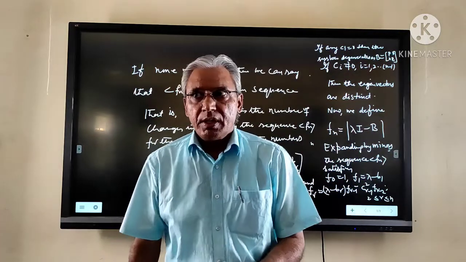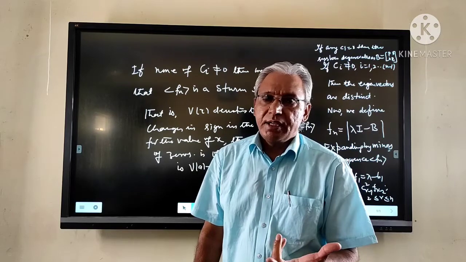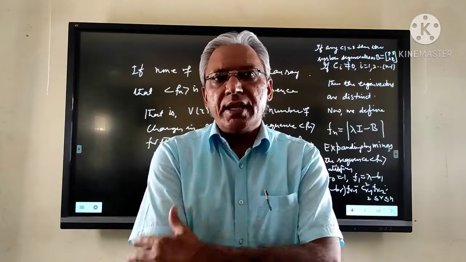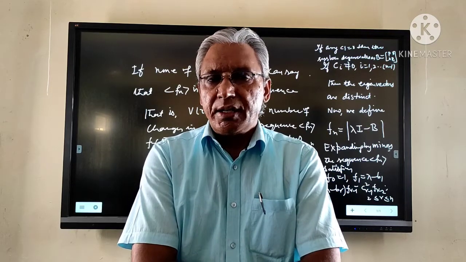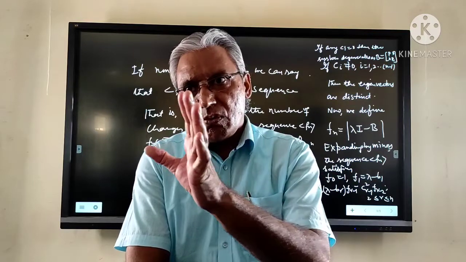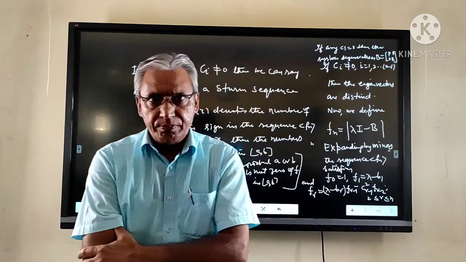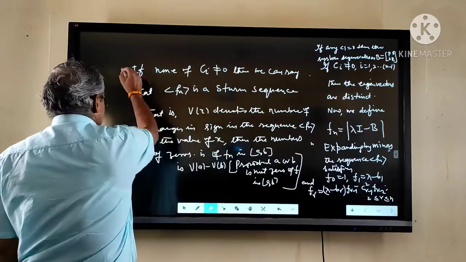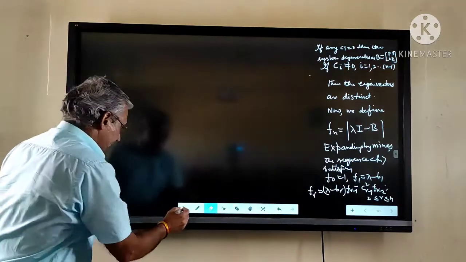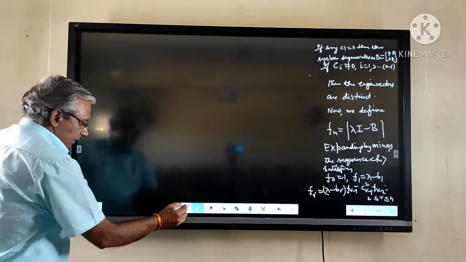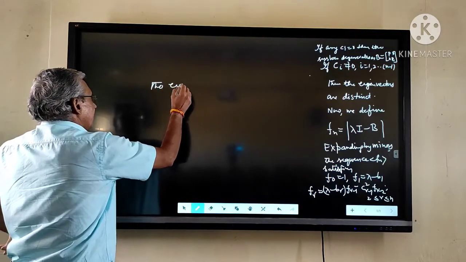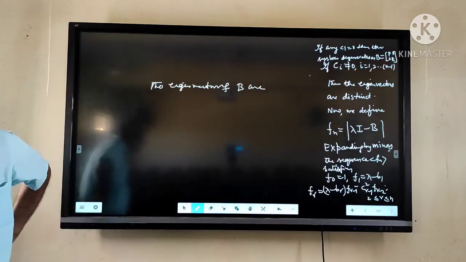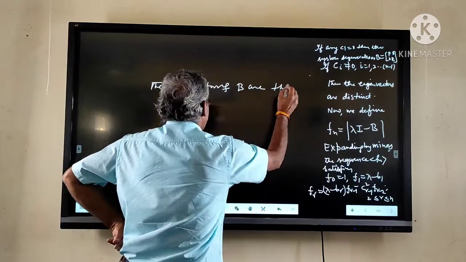Now we think about the eigenvectors. First of all, we find the eigenvalues of the tridiagonal matrix B. Then we find the eigenvectors of A. First of all, the eigenvectors of B are found.